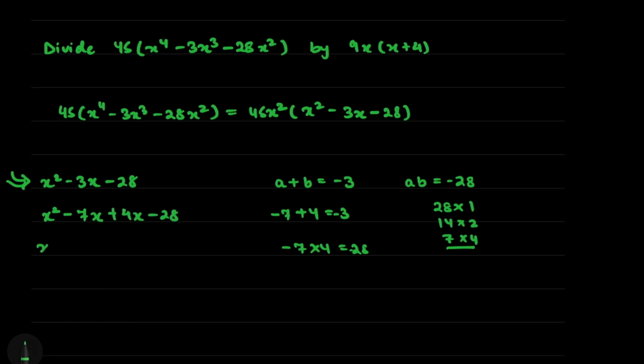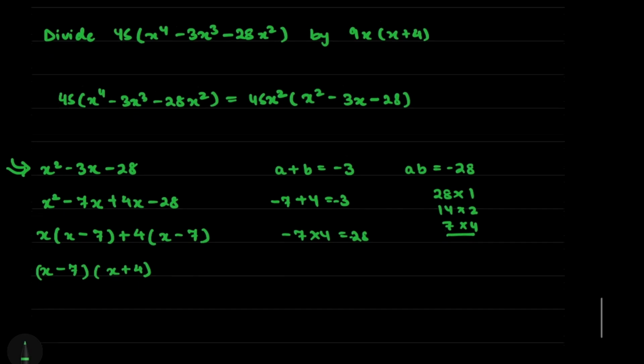We'll take x as common, and we are left with x minus 7. In the second one, we'll take 4 as common, so we are left with x minus 7. And then we have x minus 7 as the common factor. Then we can write x plus 4 as the remaining quotient. So we simplified this part into x minus 7 and x plus 4.